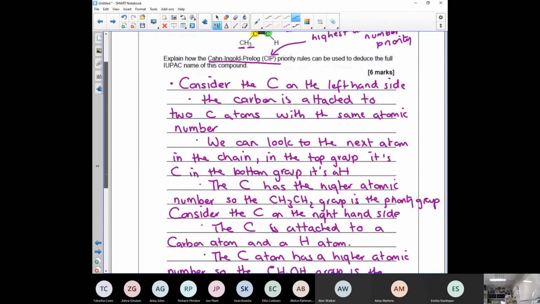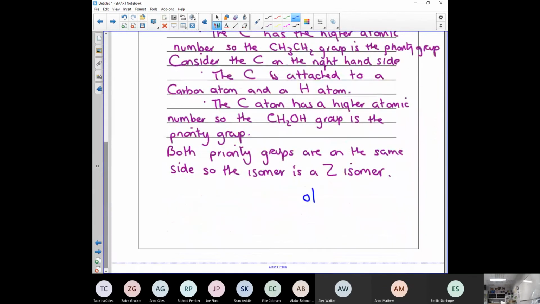Right, so obviously if this was just a regular alcohol, it would be pentanol. But because we've got that double bond in there, we need to say it is pentenol, okay? So that is important, that EN rather than AN. So because we've got that double bond in, it's pentenol rather than pentanol.